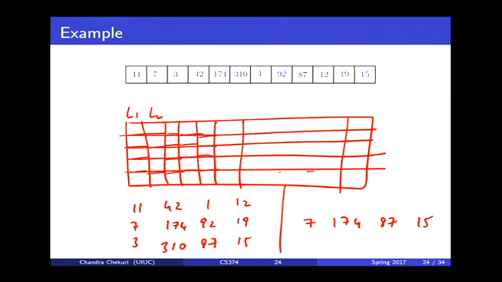Well, it is 15. If I can find the median of this and use that as a pivot in this array, that will split the array roughly equally. I have to prove that to you. So have you done anything interesting? I claim you have done something interesting. Why is this a smaller problem?